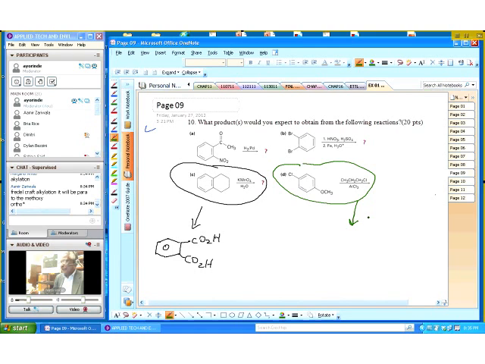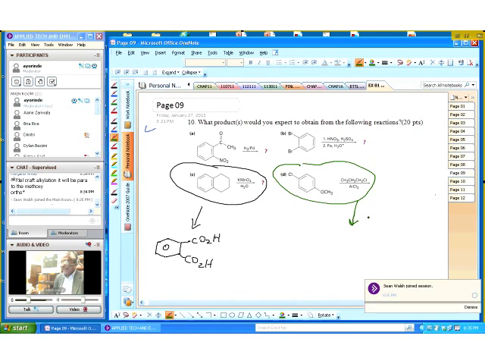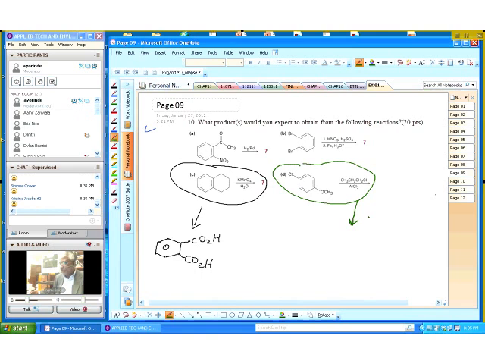If you think we are going to get propyl alkylation as the major product, give me a happy face. No happy. Okay. If you think we are going to get isopropyl, give me a happy face. Okay, good, that is correct.